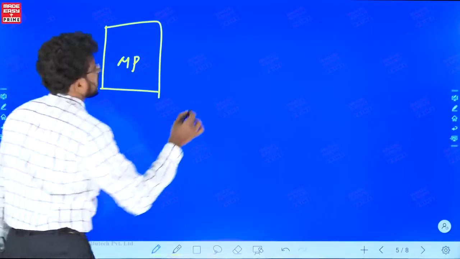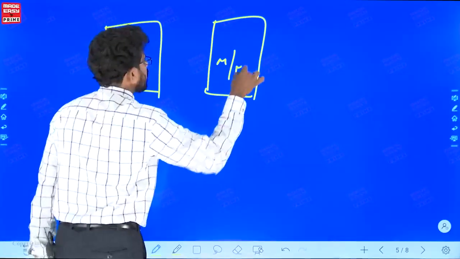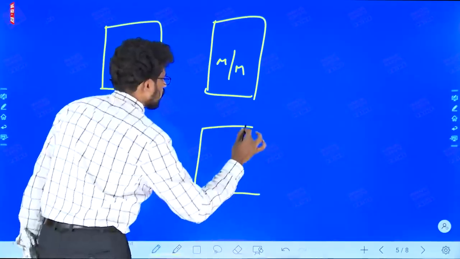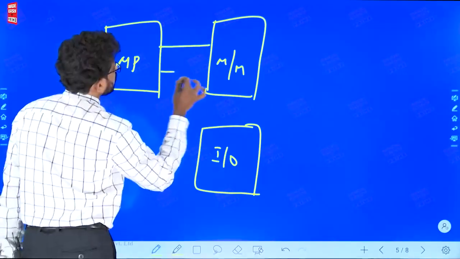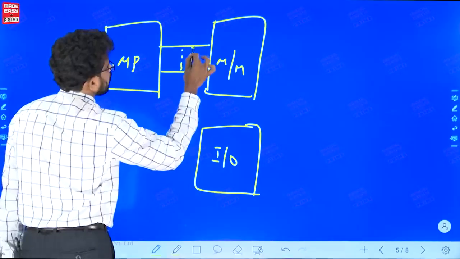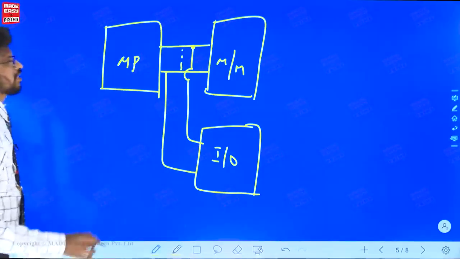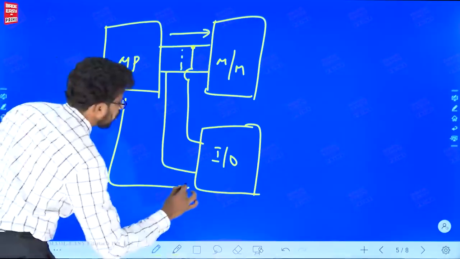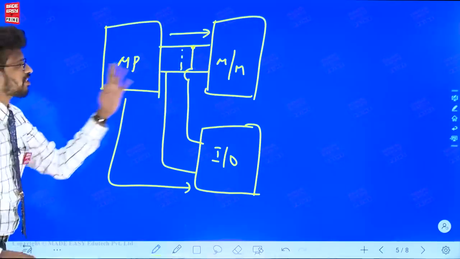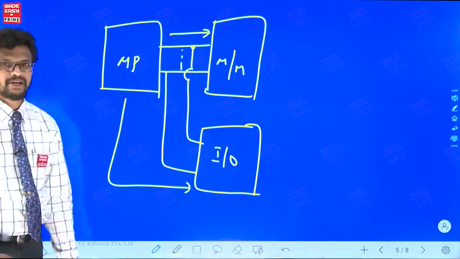But always understand that only the microprocessor will send the address to memory or to the IO device. These are all different address lines. So this will send the address to either memory or IO device. Memory will not send an address to the processor, nor will IO send an address to the microprocessor.